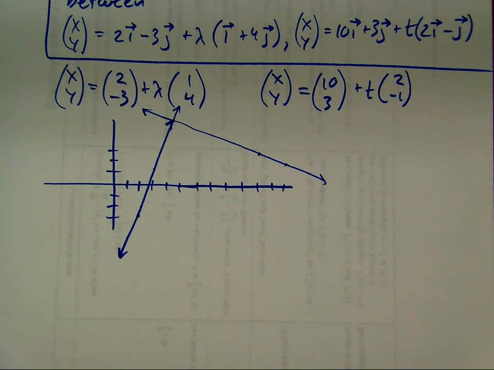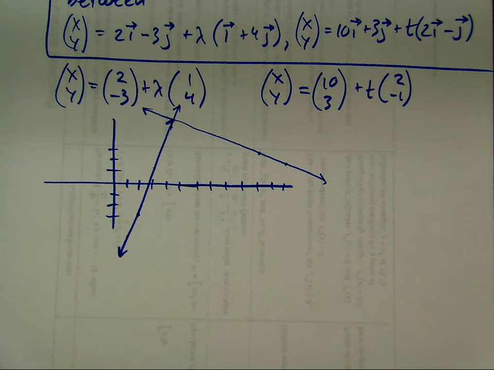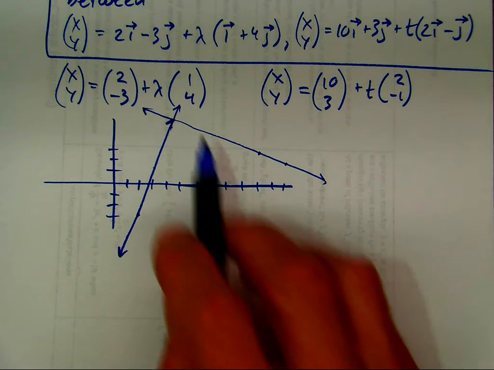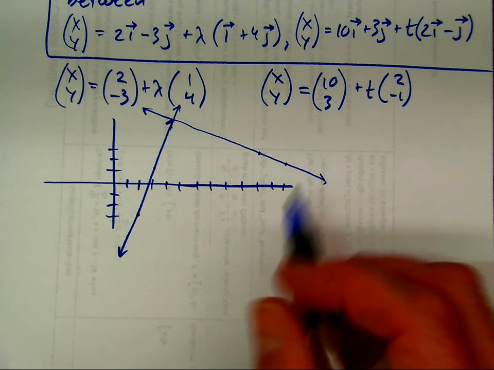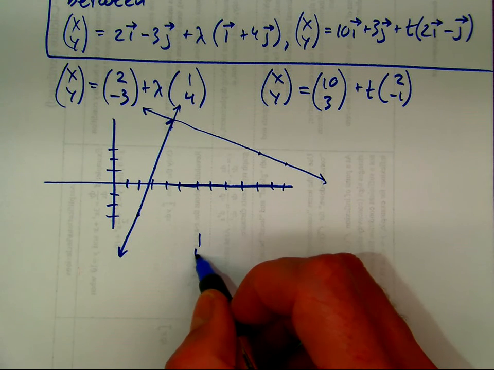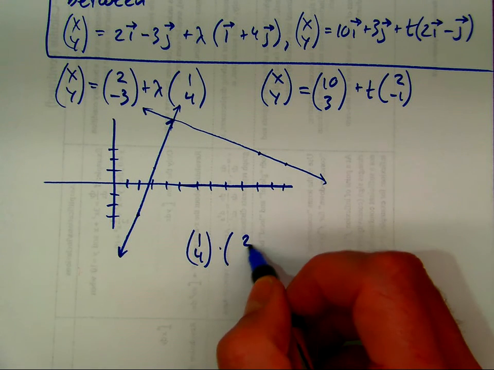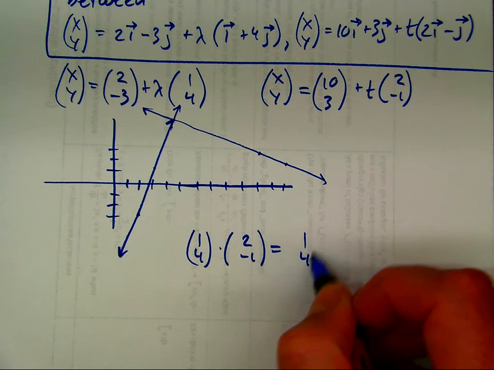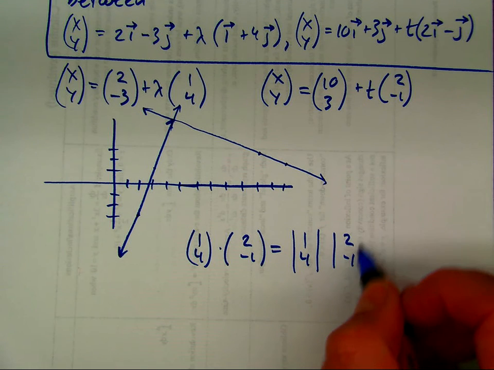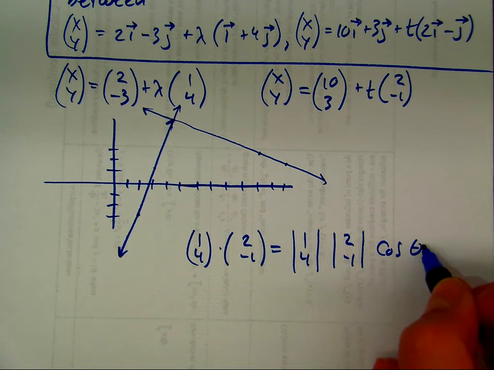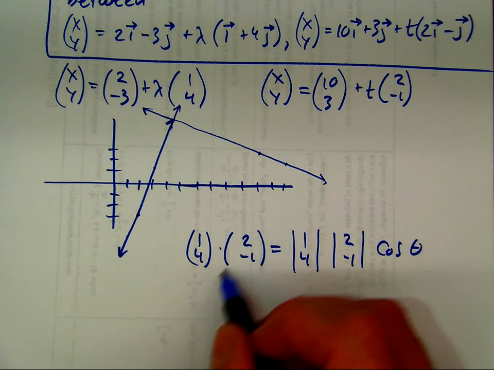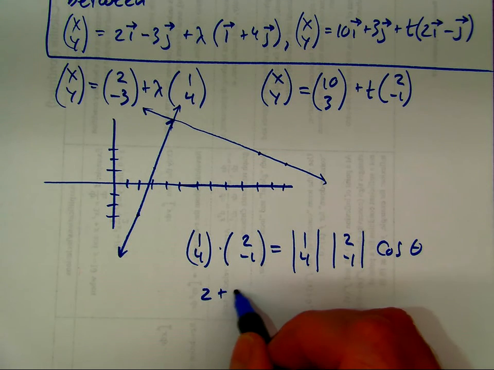And go ahead and pause the video, find the angle between the lines, and remember that you only use the direction vectors. Two plus negative 4.